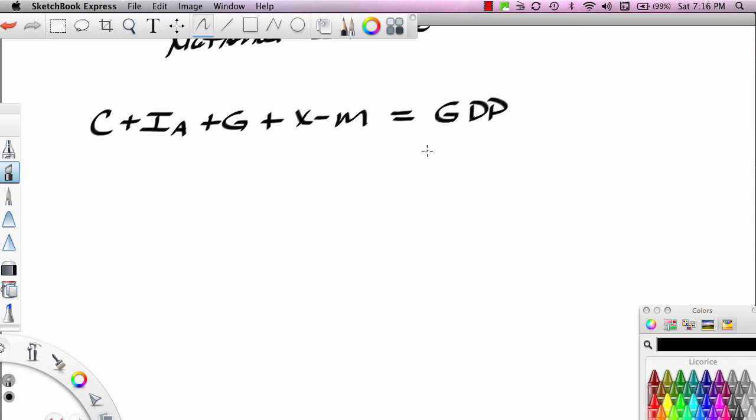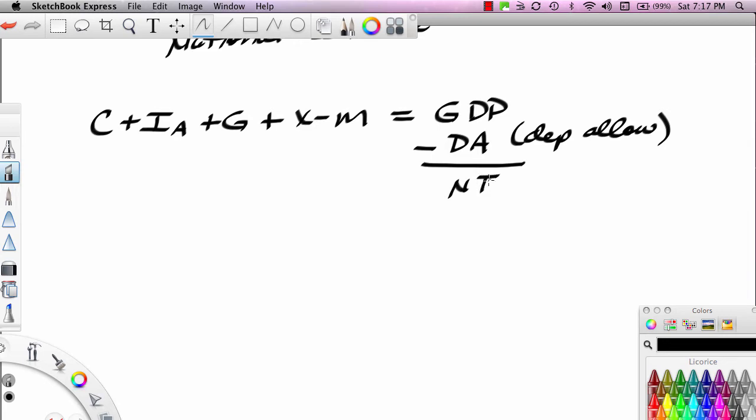If you take GDP and you subtract depreciation allowances, now if you looked at my earlier video on the complex circular flow, I talked about depreciation allowances, and depreciation allowances is really a type of business saving. This is businesses saving to replace worn out capital. If you subtract from GDP depreciation allowances, you'll get actually a number equal to national income.